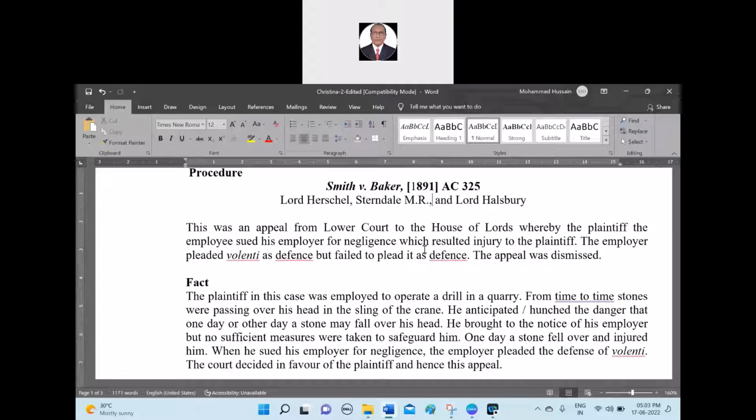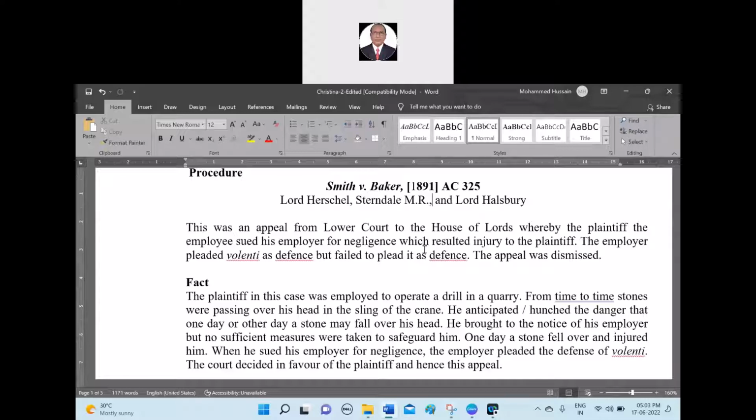So how many components are there? From where the case has come, who are the parties, what is the litigation, who was injured, and the last one is what defense is taken and what is the outcome.